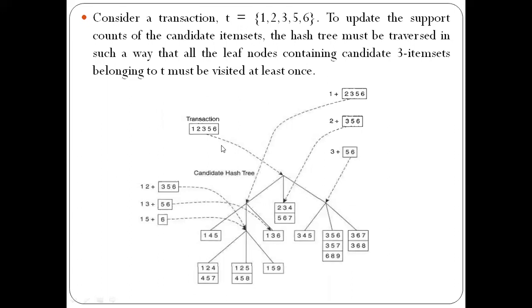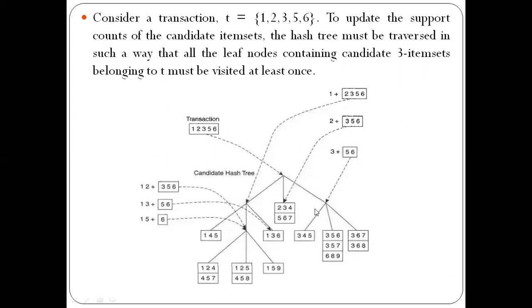We will start with the first item. The first item can be either 1, 2 or 3, as I said in the previous diagram. If the item is 1, we need to traverse the left subtree. If the item is 2, we traverse the middle subtree.